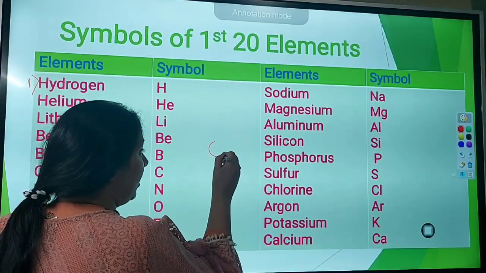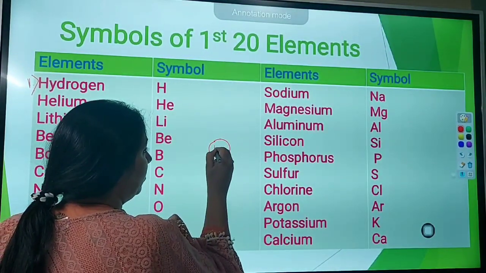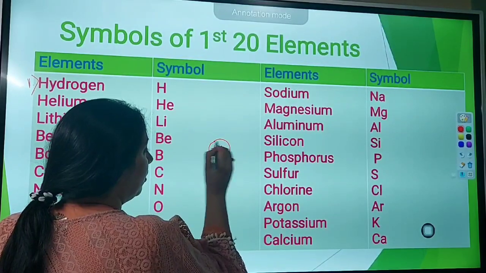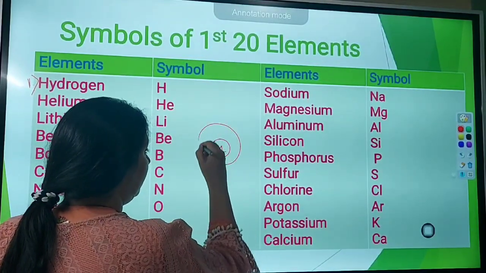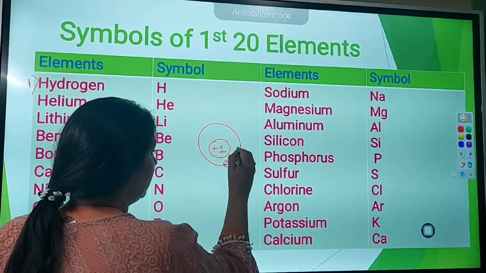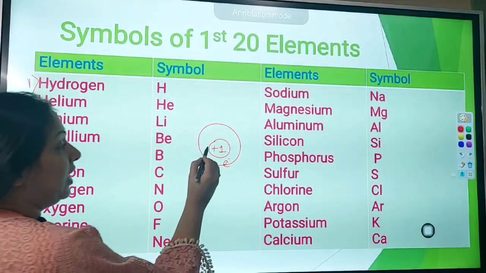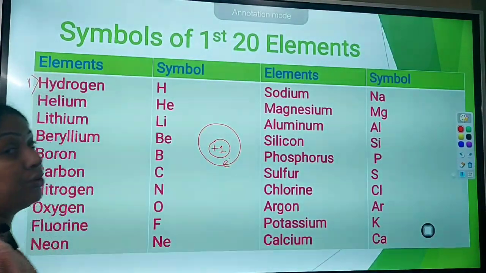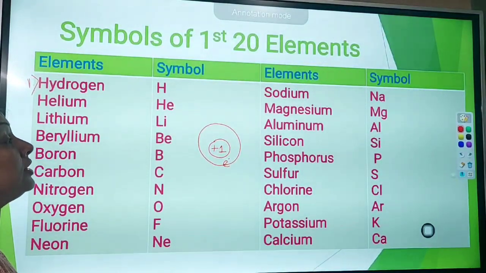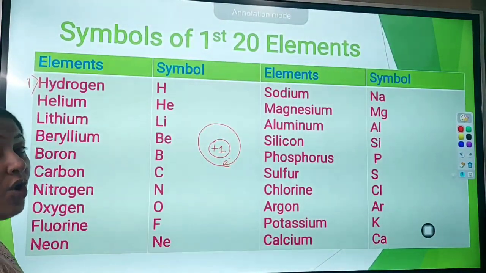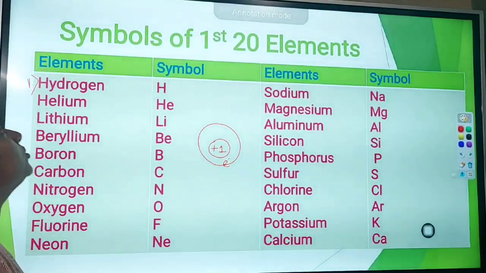This is how a hydrogen atom will look. Hydrogen has one proton. So that means its atomic number is 1.